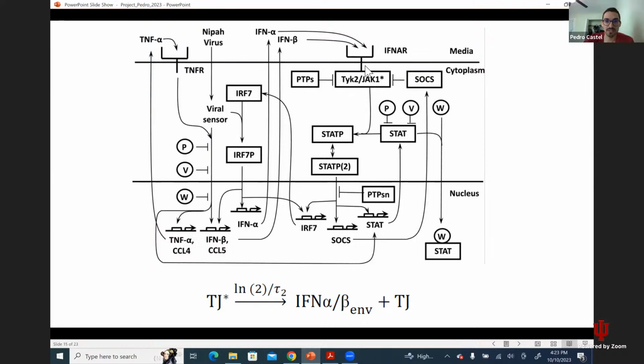This is not being drawn here, so there is no backwards arrow of any kind. And what else? Yeah, so decays are not presented, and these PTPs and SOCs, they draw as they are inhibiting TYK2, but in the equations, this is written as decay of TJ, which is weird in my opinion, but okay.